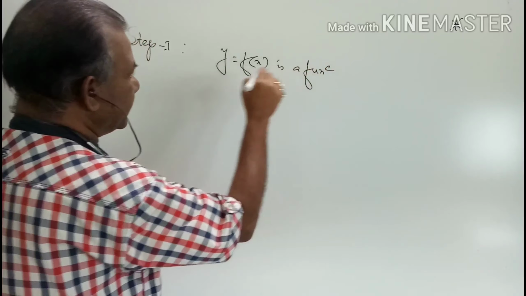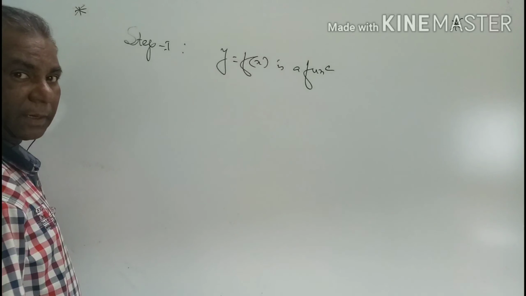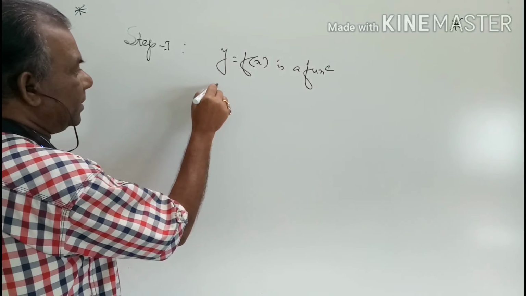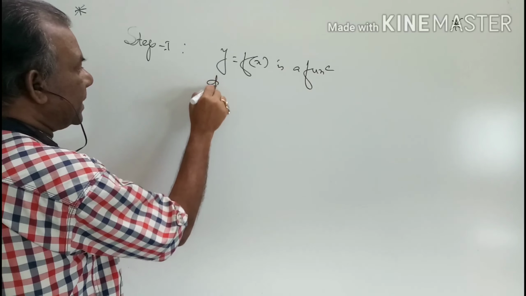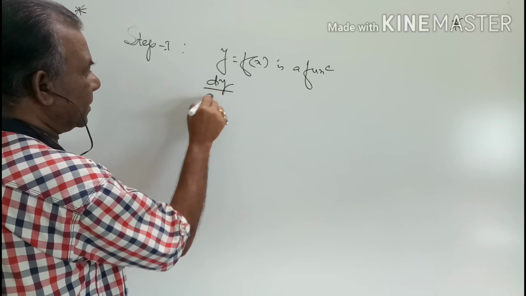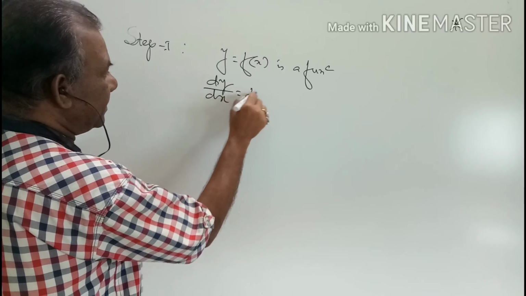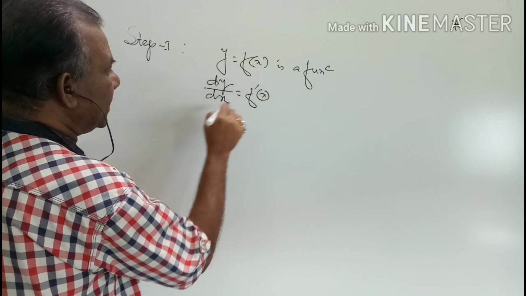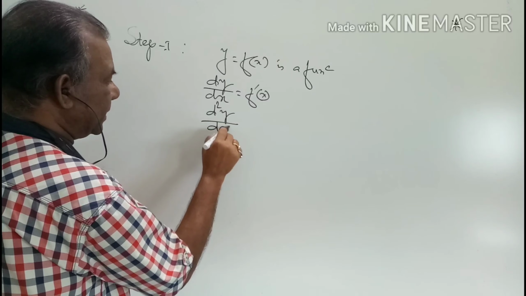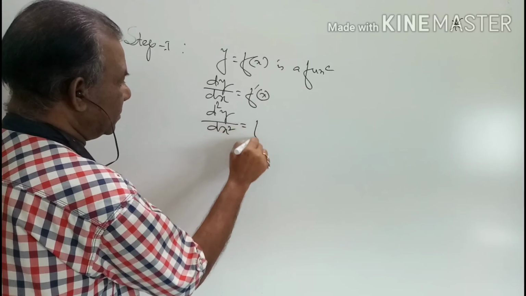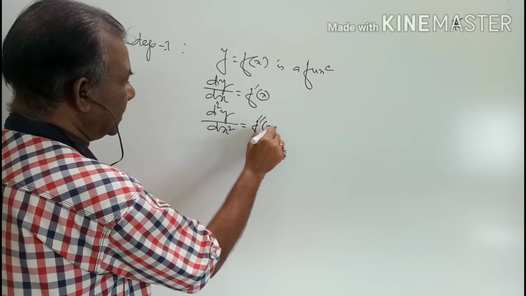It will be given, and you have to find out dy by dx, f dash x, and d square y by dx square, the double derivative, equal to f double dash x.